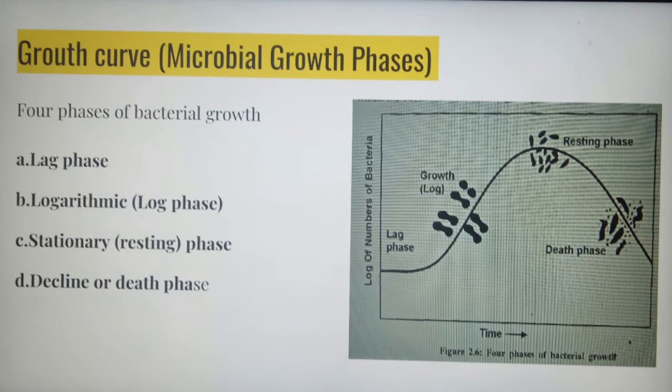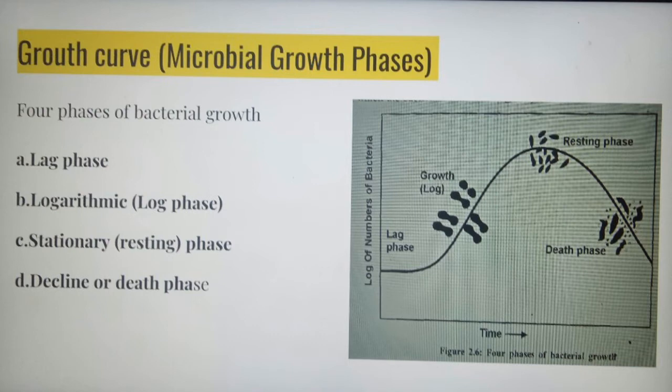As you can see in the diagram, the first phase is called the lag phase. Initially, there would not be any appreciable increase in the number of microbes, though there may be an increase in their size. This initial period is the time required for the adaptation of microbes to the new environment, which is food or media.